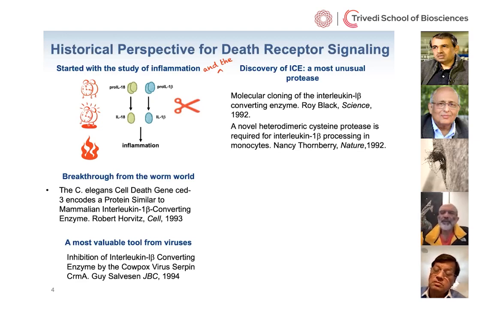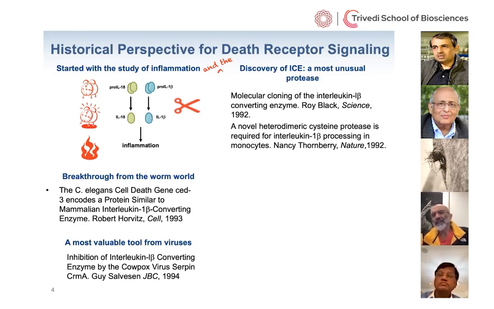We had a powerful tool to address that because a colleague of ours who was working at Duke, Guy Salvesen, identified a protease inhibitor, an inhibitor of this molecular scissors from the cowpox virus. It's actually in all pox viruses. This is termed CrmA, and it's actually a serpin that inhibits this class of enzymes.